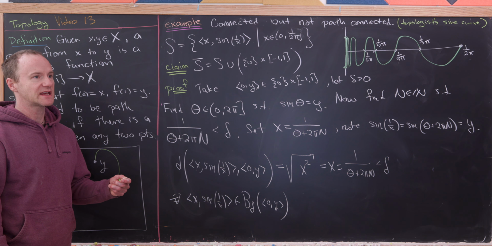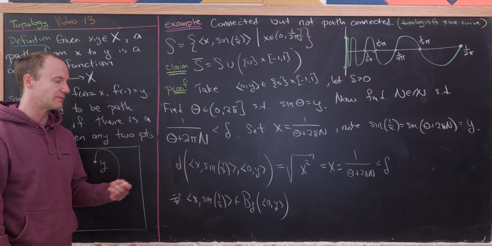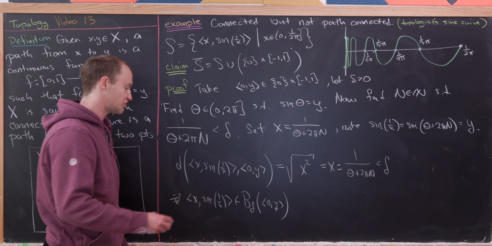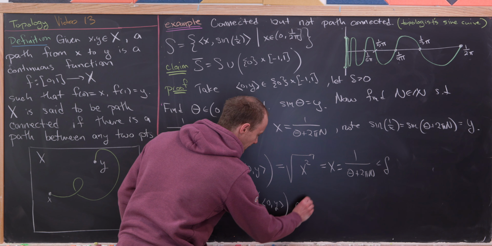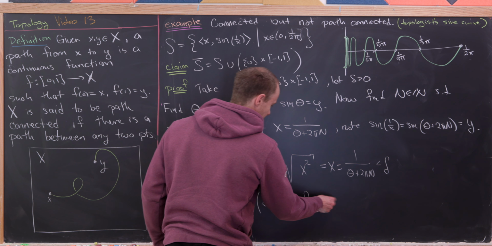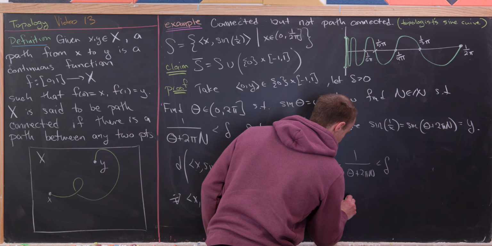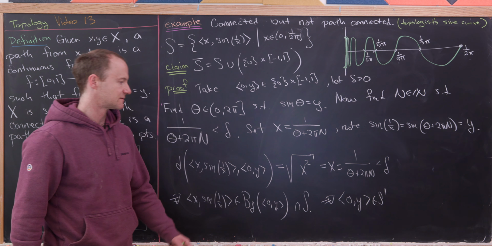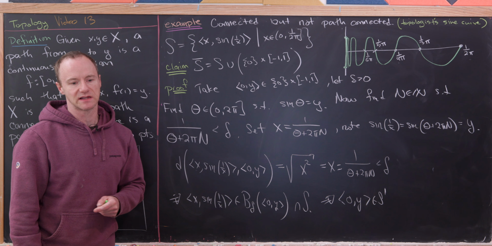In the Euclidean topology, we just need to look at every ball of radius delta centered at that point intersecting the set, which is exactly what we've done, because this point is not only in that ball of radius delta, but it's also in S. So as a conclusion, this point (0, y) is a limit point of S. That shows that everything in this set right here is a limit point of S.